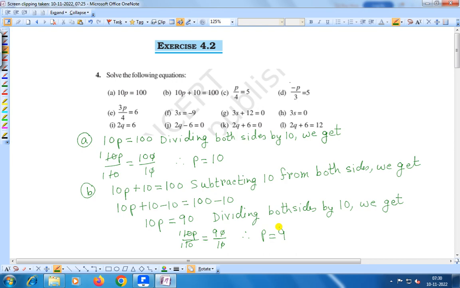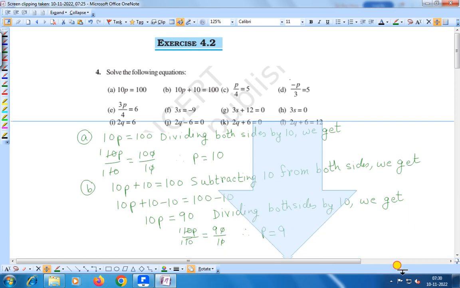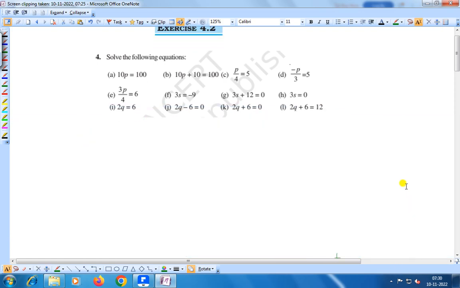Right? Now, question number C. We'll solve question number C now. Question number C is p by 4 is equal to 5.